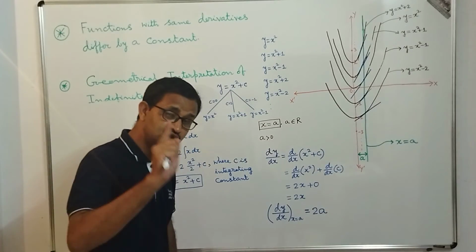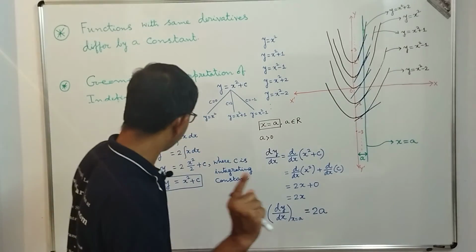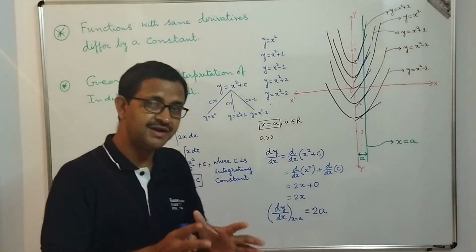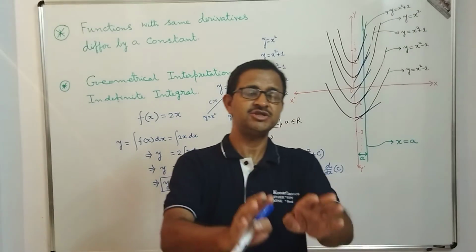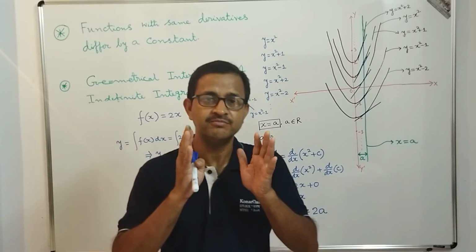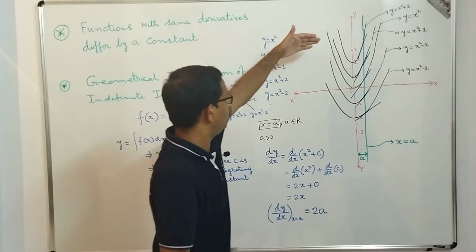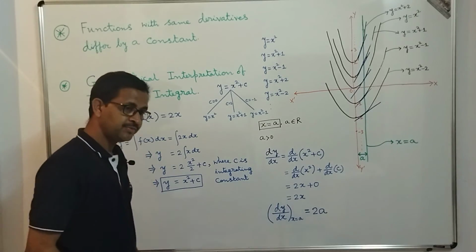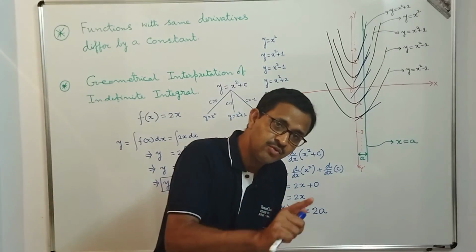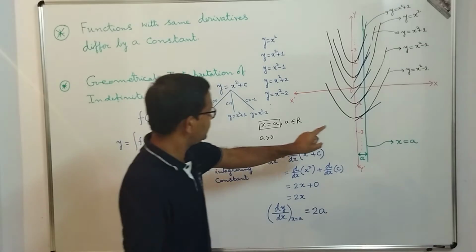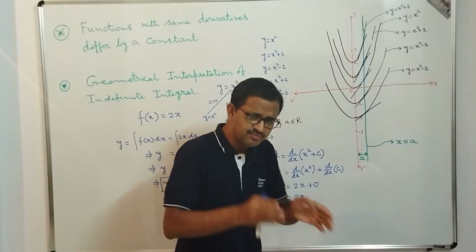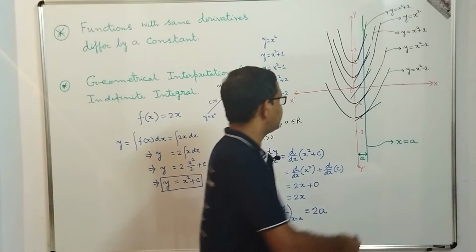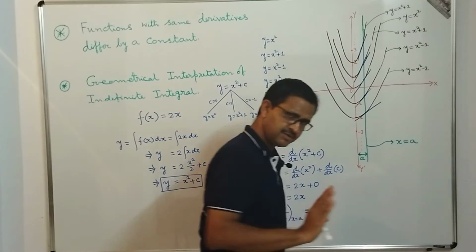But the first and most important part is the geometrical interpretation of indefinite integral, as I said a few minutes back: it is nothing but a family of curves. And this is the family of parabolas in the context of the example we have taken. If we take a particular point x equal to a, we can draw the straight line x equal to a.